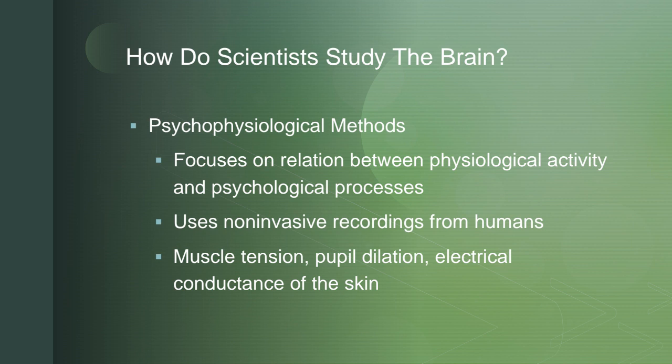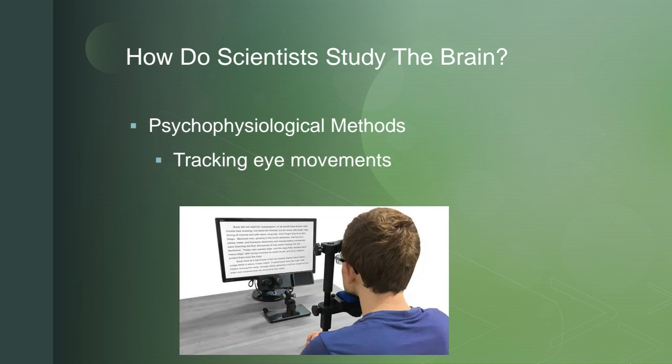That can be measured simply by using the galvanic skin response, just measuring the amount of sweat on your skin. So again, a very non-invasive, easy type of method that can be used on humans, most importantly. Other types of psychophysiological methods include eye tracking.